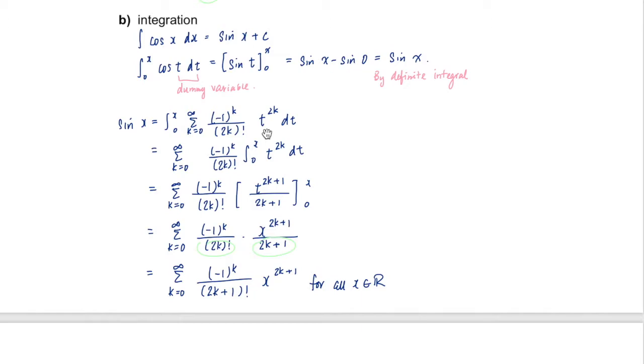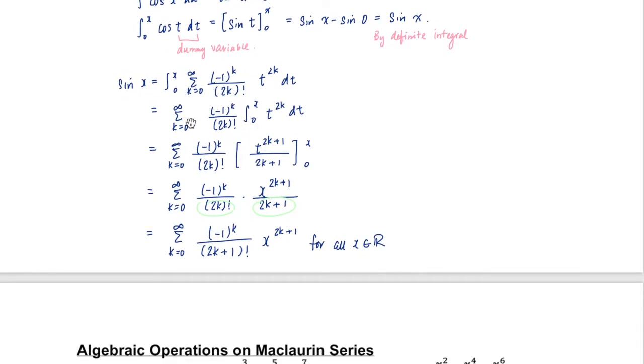Using the rule that we're allowed to just focus on the expression part that has a t in it, I have the integral of t to the power of 2k dt from 0 to x, and the rest of the sigma notation stays on the outside.